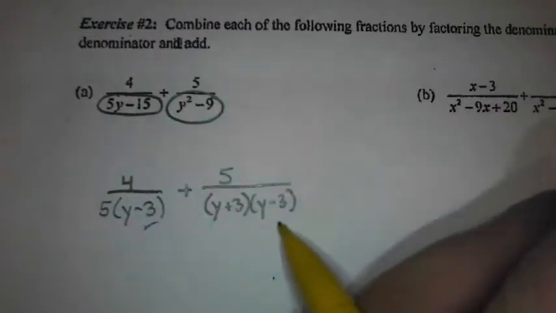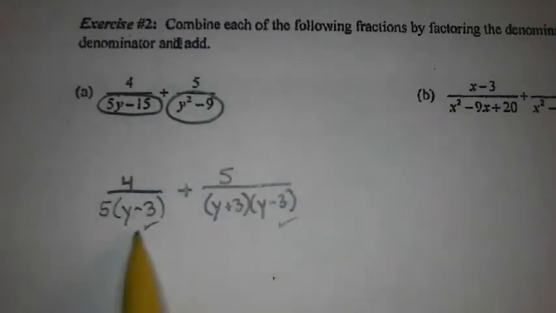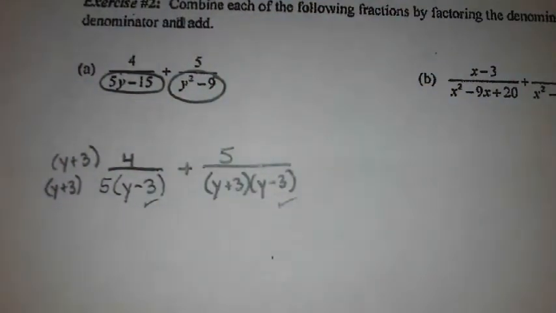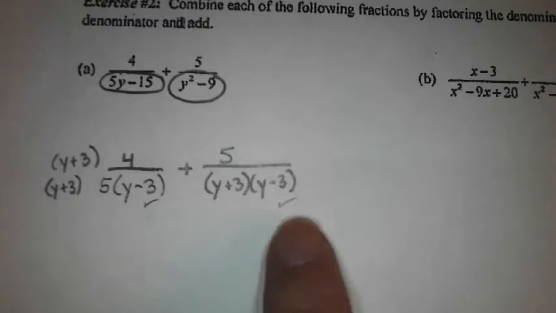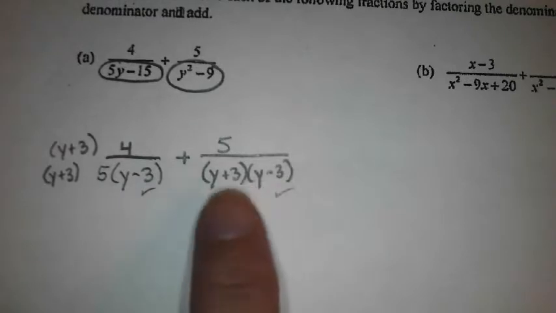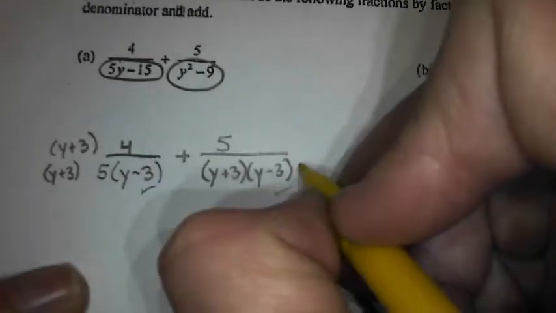Okay. So what does this one need that this one has? What factor does this one have that this one does not have and needs? Y plus 3. So this needs a y plus 3 over y plus 3. And then what does this one need on the right that this one has but this one does not yet? A 5.